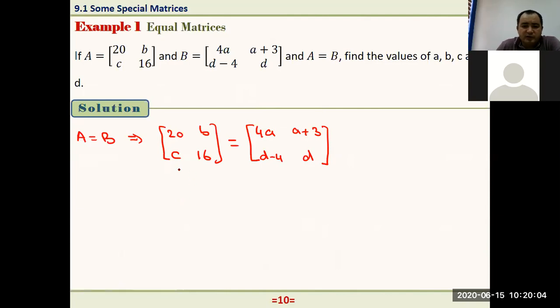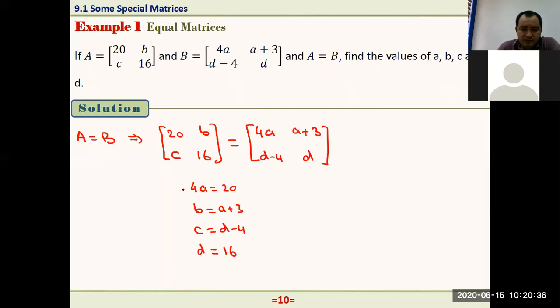So, corresponding entries, here we have 20 corresponds to 4a, so this 4a should be equal to 20. b corresponds to this, so b should be equal to a plus 3. c equals this, right? c equals d minus 4. And this one equals d, so let me just write the letter on the left hand side and the constant on the right hand side, and d on the left hand side.